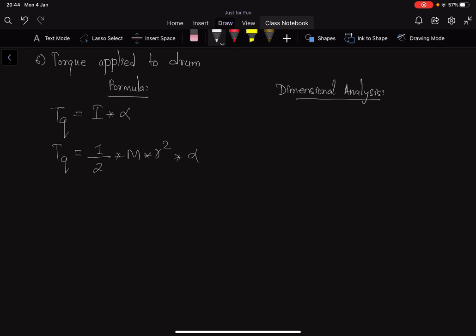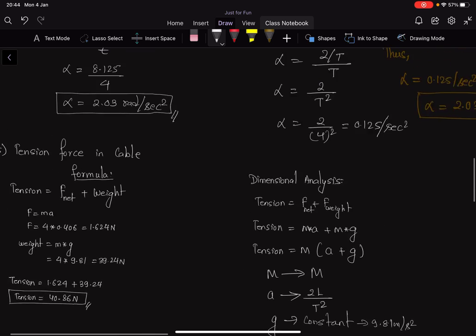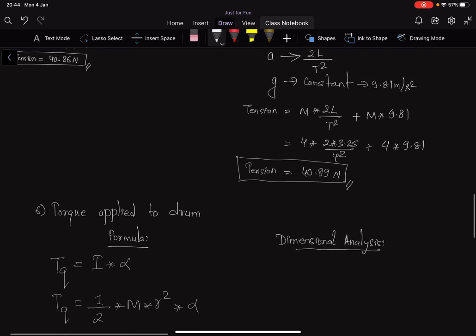So let's substitute all the values which are known to us. We have half times mass, in our case mass is 4 kilogram, and then the diameter is 0.4, so the radius is 0.2 squared, and times alpha, which is 2.03.